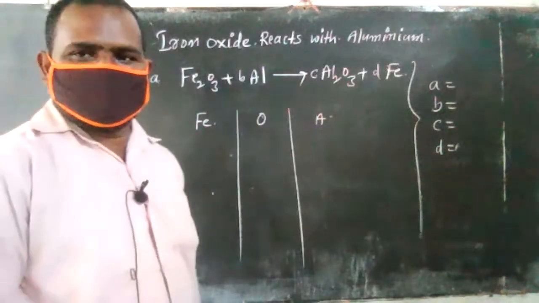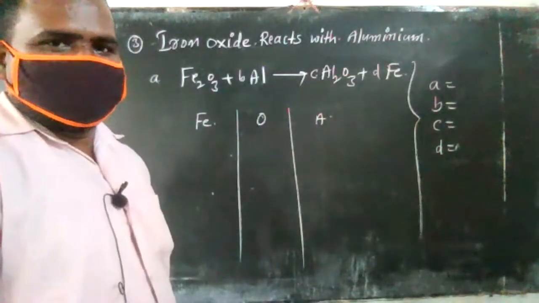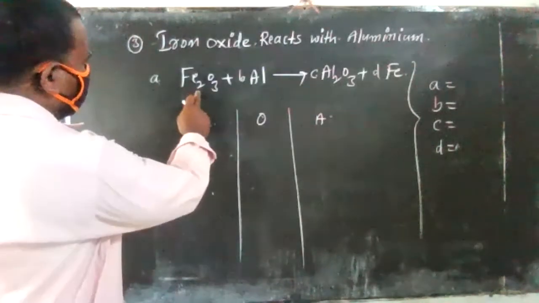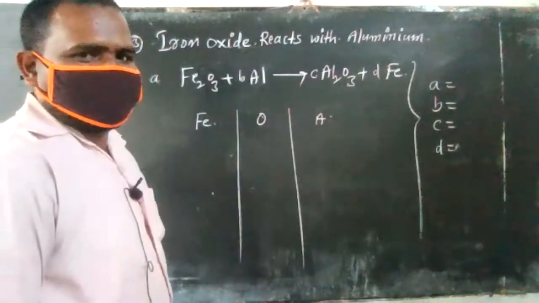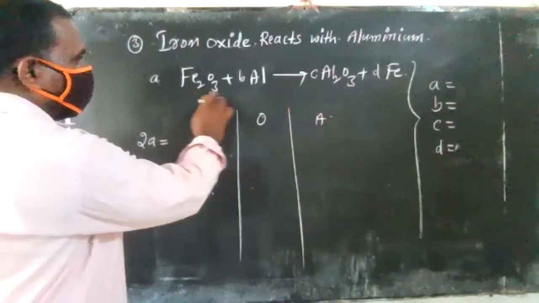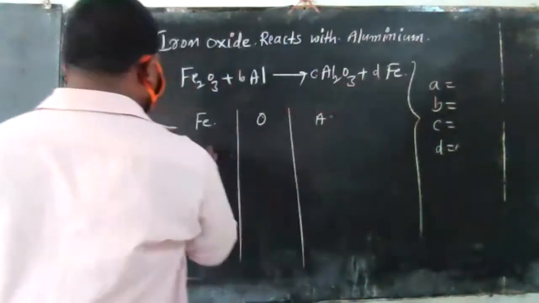Now, what to do? For iron, first you prepare the equation: 2A is equal to 1D. Excellent answer.